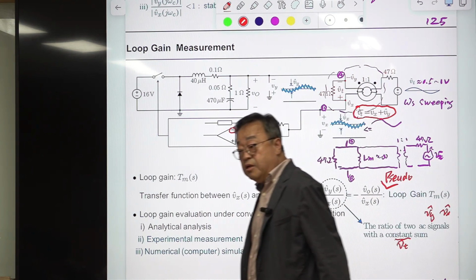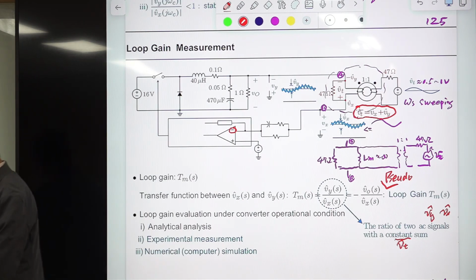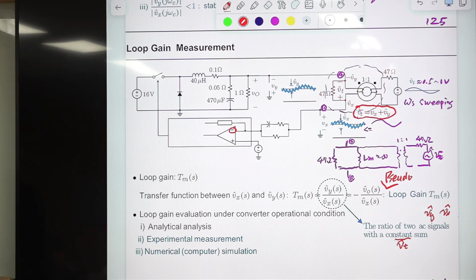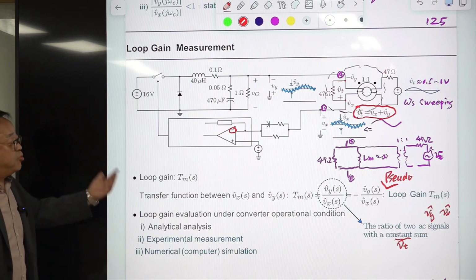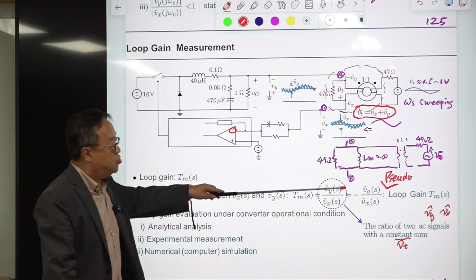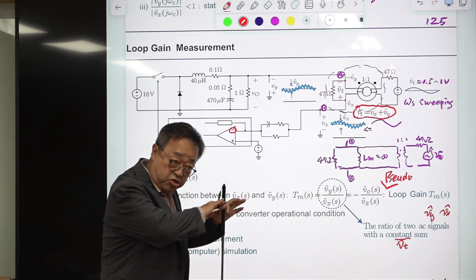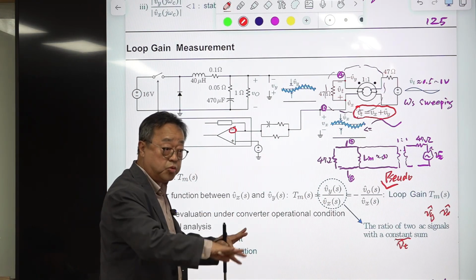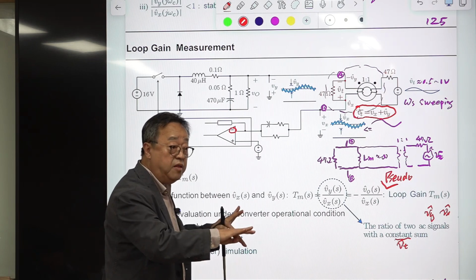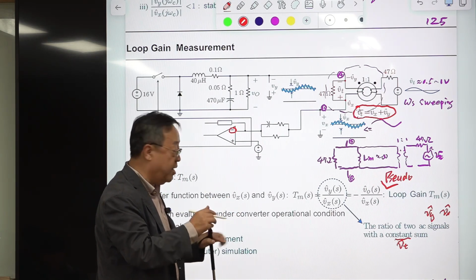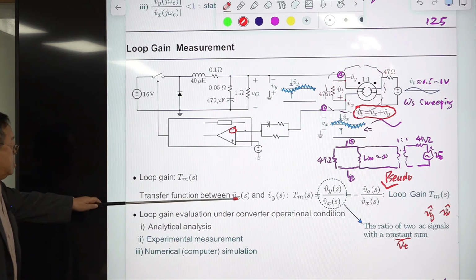Computational simulation will generate the true loop gain, the consensual loop gain we discussed previously, but this measurement technique only provides something very similar to the true loop gain. We call it pseudo loop gain, but we don't distinguish between them, call them loop gain, and we use the notation TMS. Okay, so this is TMS.